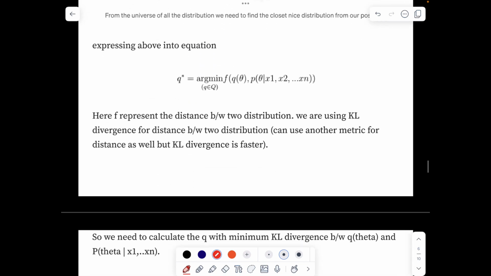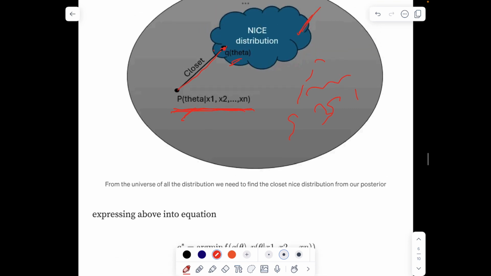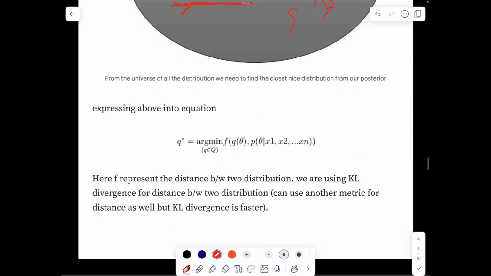Expressing the above as an equation, you have to find a q star which will minimize some sort of distance between q theta and your posterior.